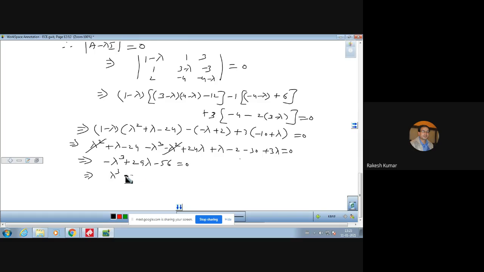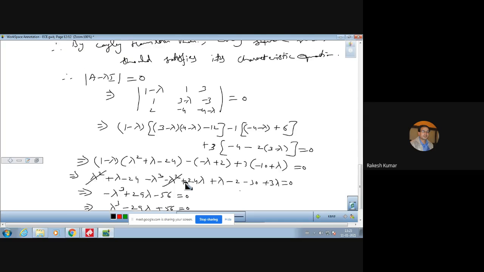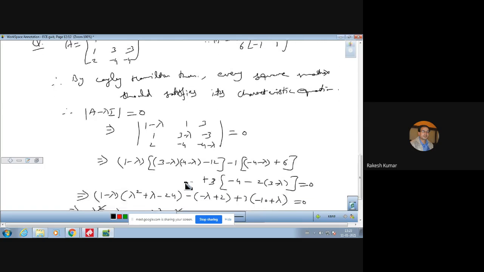This is lambda cube minus 29 lambda plus 56 is equal to 0. So this is what we have. Now we just need to check whether this is satisfied or not. So this was the question we have.